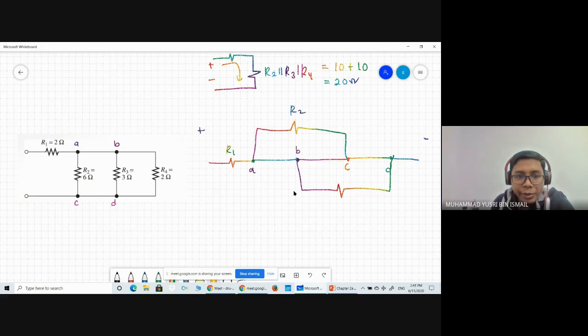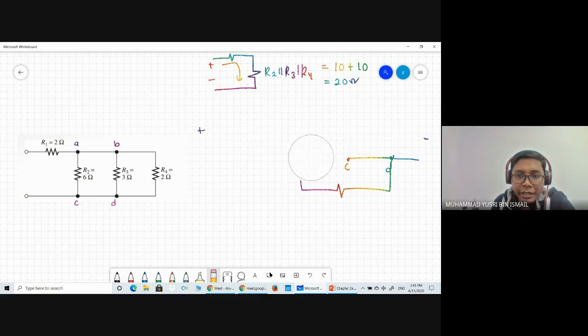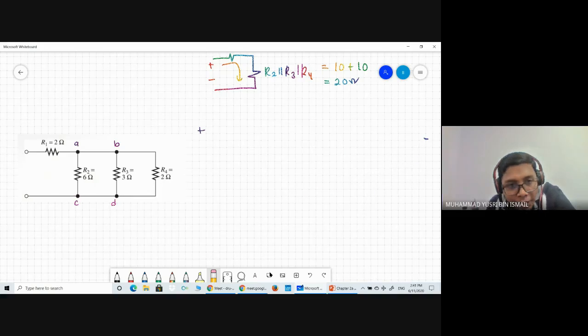We need to rearrange this circuit so that it can go directly.